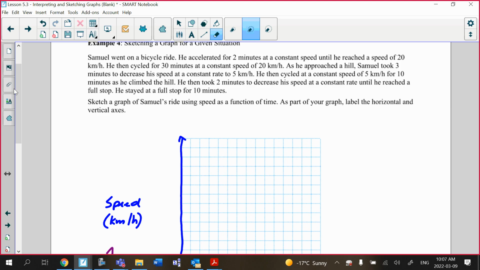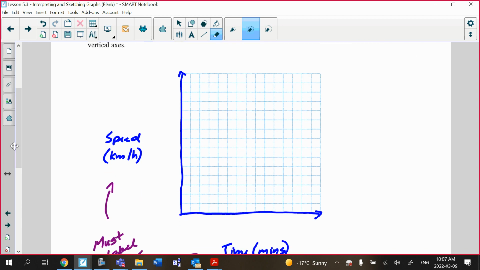We've got to have enough room. I can't go up by ones because there's not enough. If I went 1 kilometer an hour, 2, 3, 4, 5, 6, 7, 8, 9, 10, 11, 12, 13, 14, I could only get up to 15. So what do you want to go up by? 2s.